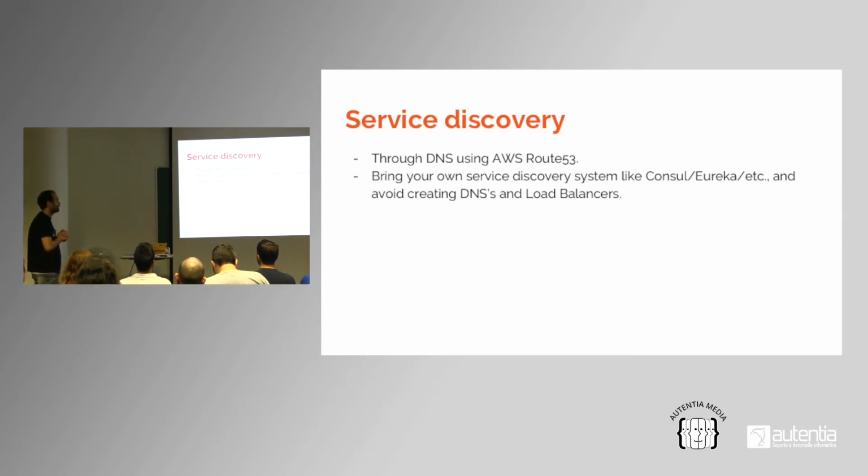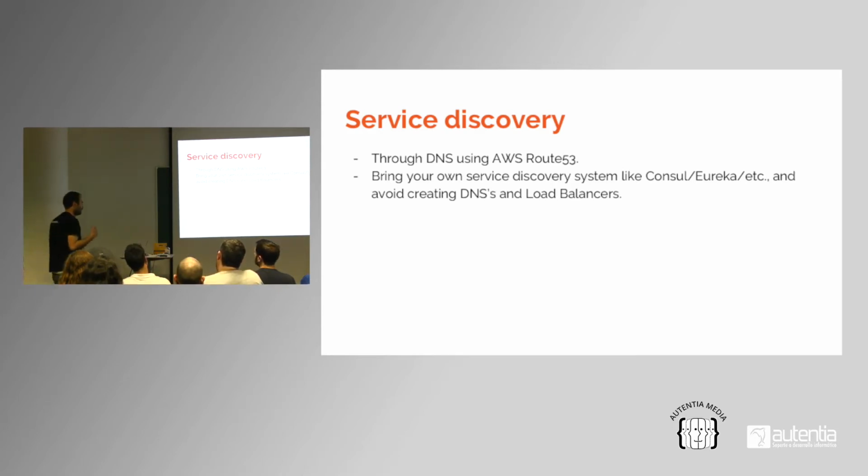Finally, I'm talking about the DNS and load balancing, but sometimes you don't want to do that, because at least in our company, what happened was that we were using already a service discovery solution, which in our case was Eureka. It's a Netflix solution, but you may be using already Consul or etcd or whatnot.